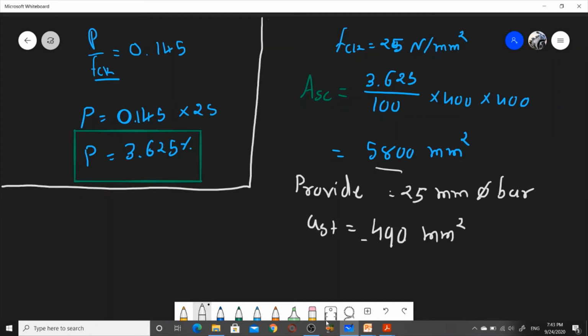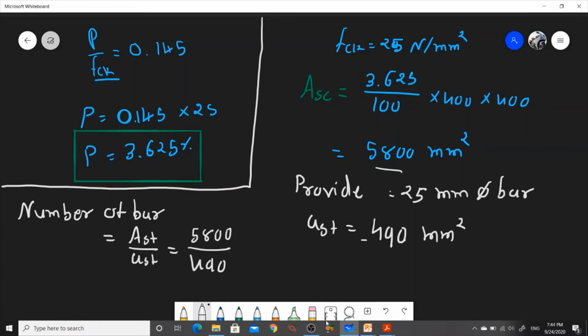Now we can find the number of bars by the equation capital Ast by small Ast. Capital Ast is 5800 divided by 490.